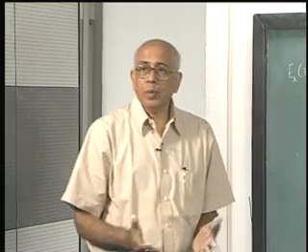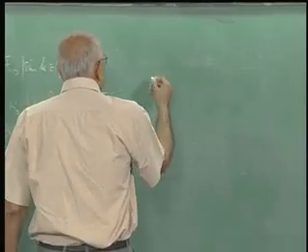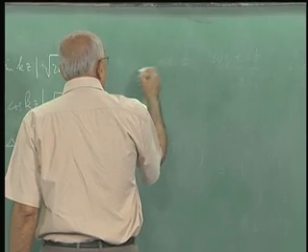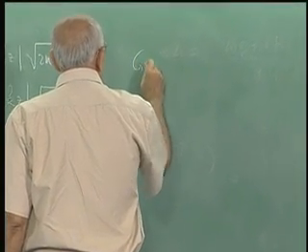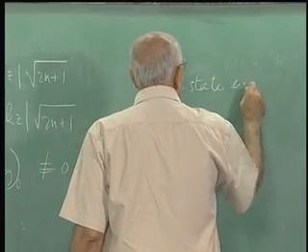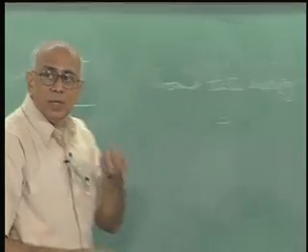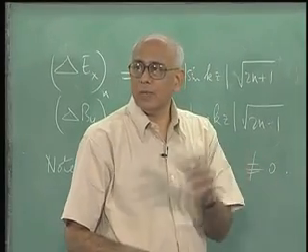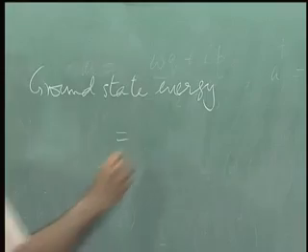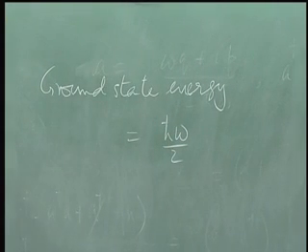Notice that there is a zero point energy in this problem, and it is formally infinite, which is completely crazy, but this is an artifact of quantum field theory. The ground state energy, when n is 0, we know the energy is h cross omega into n plus half, so it is actually h cross omega over 2 per mode.